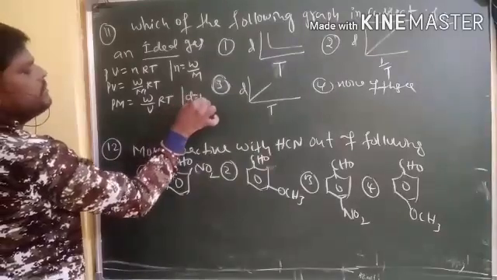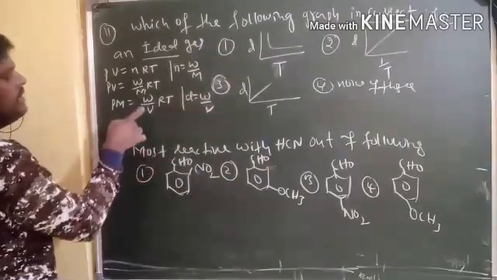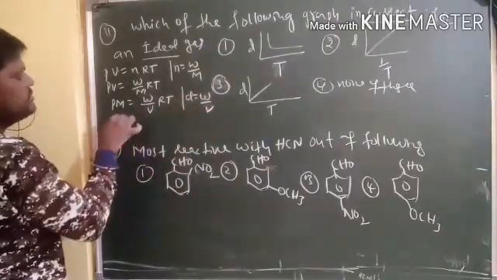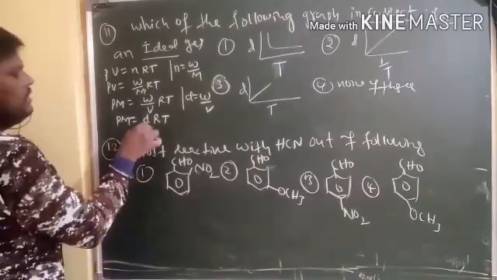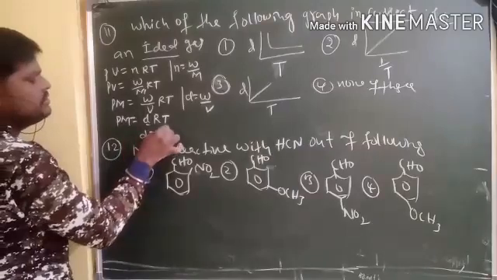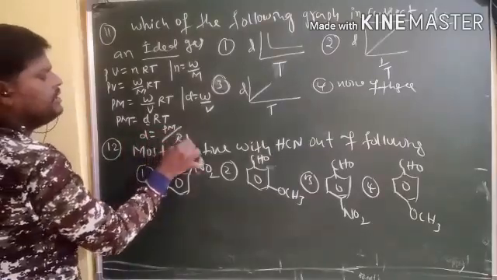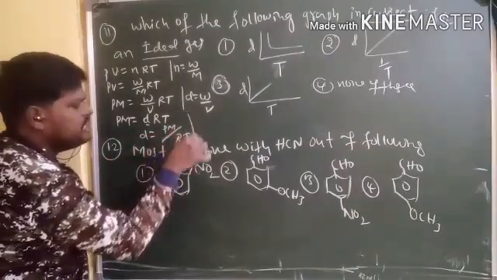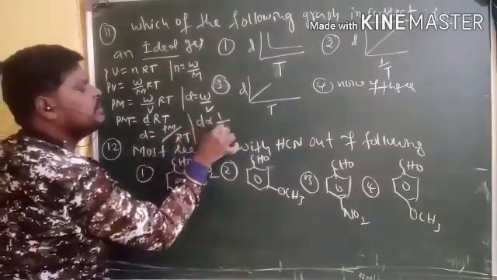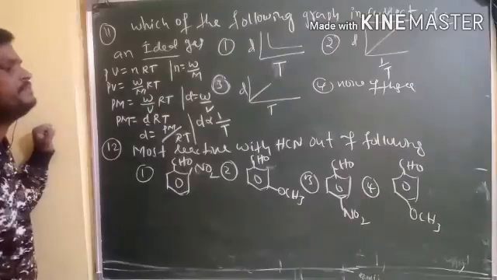We know the density formula: given weight by volume, W by V, is density. So PM is equal to dRT, so d is equal to PM by RT. So indirectly you understand here, d is proportional to 1 by T. That means d is inversely proportional to the temperature.